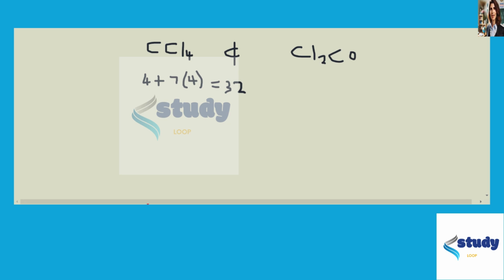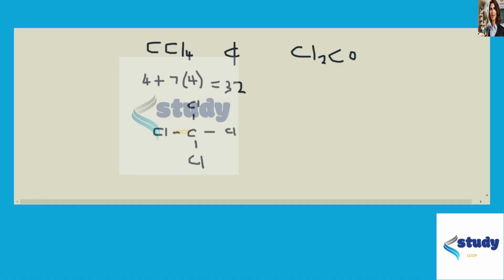Then the next step is to write down the least electronegative atom in the center, and then the surrounding atoms, which are chlorine atoms. Next, put the 2 electrons that form the bonds in between, and that gives us 2, 4, 6, 8 electrons.